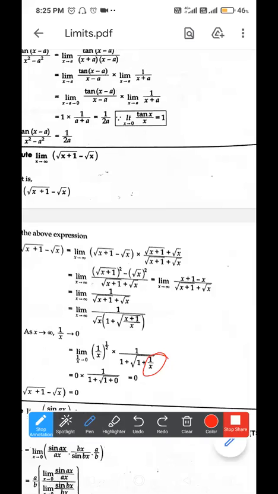So this will be 0. This will also be 0. What is left? 1 plus 0 into 1 by 2. Because it is 0 into 1 by 2, the final answer will become 0.